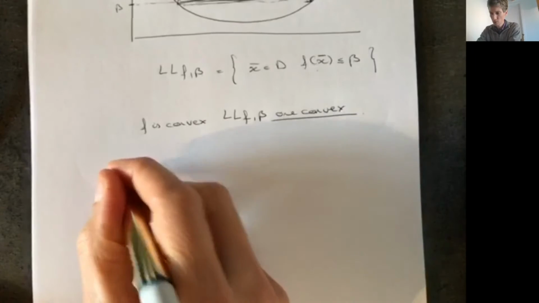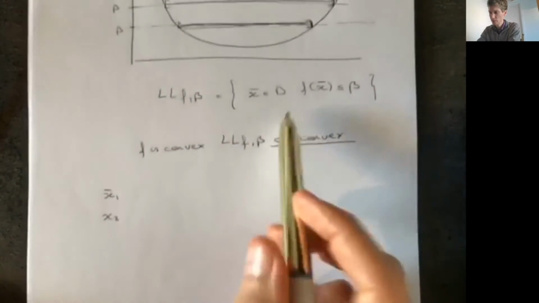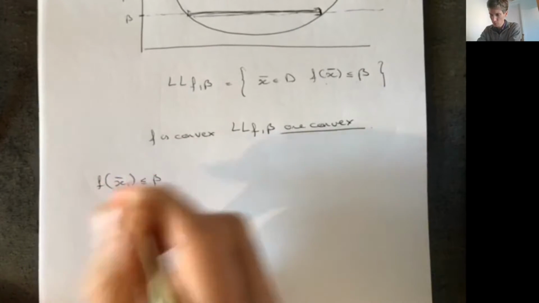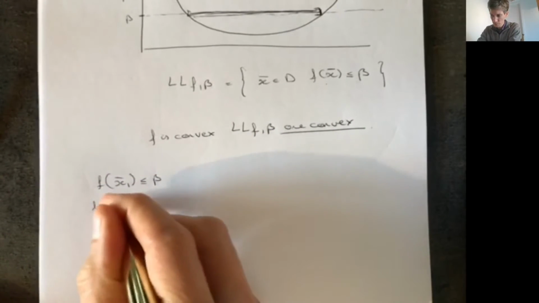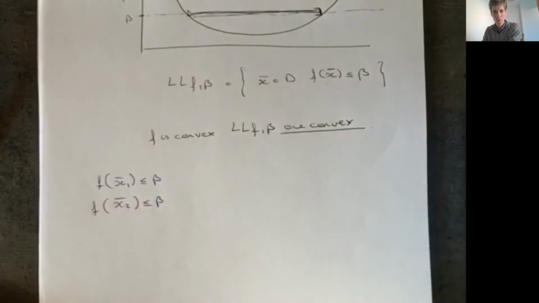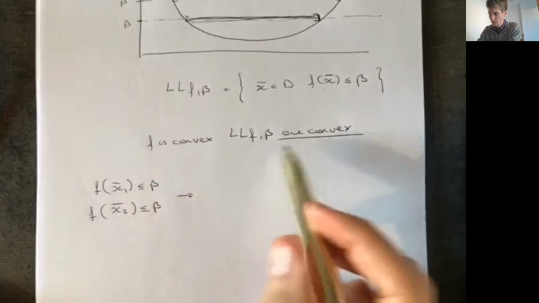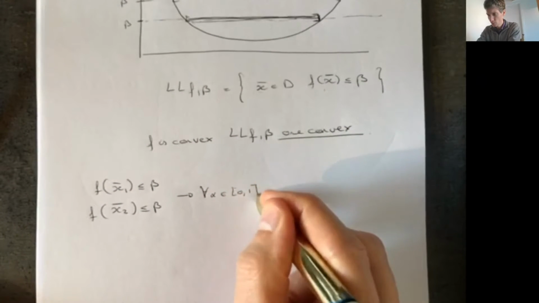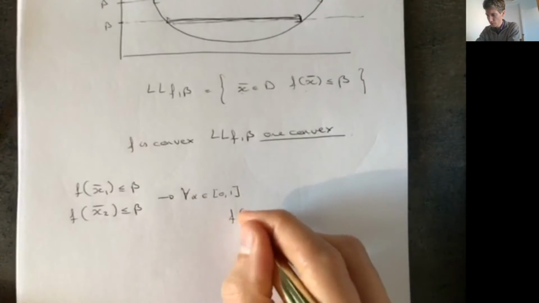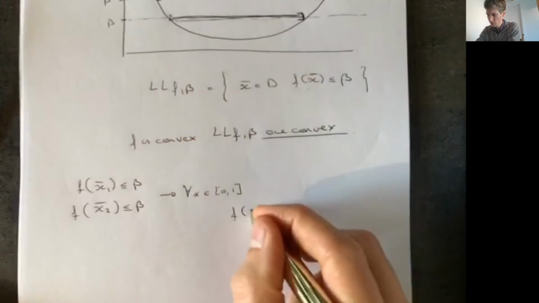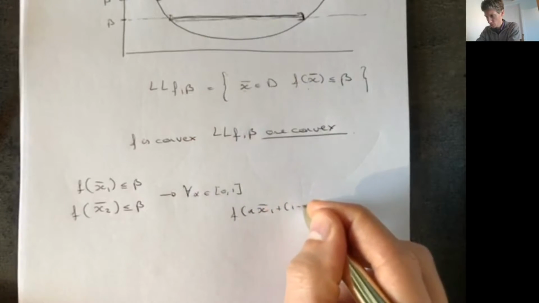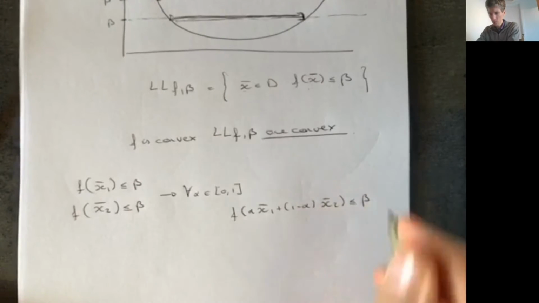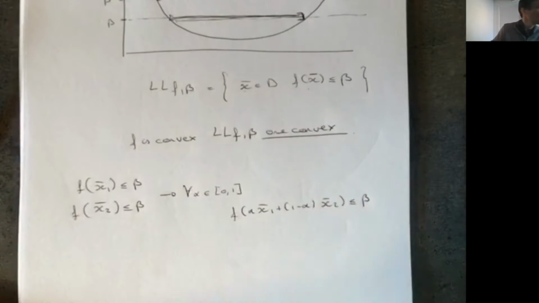So if I take an x1 and an x2 in the set, which means that f of x1 is lower or equal to beta and f of x2 is lower or equal to beta, then for all alpha between 0 and 1, f of the convex combination alpha x1 plus 1 minus alpha x2 is also lower or equal to beta.